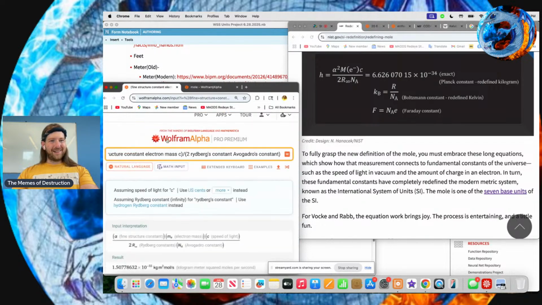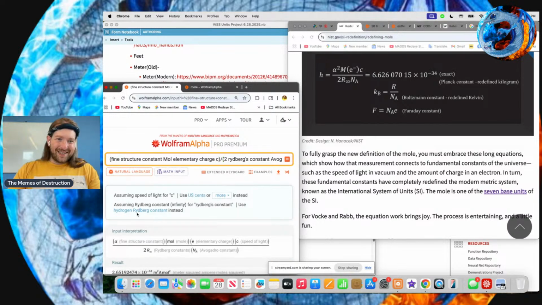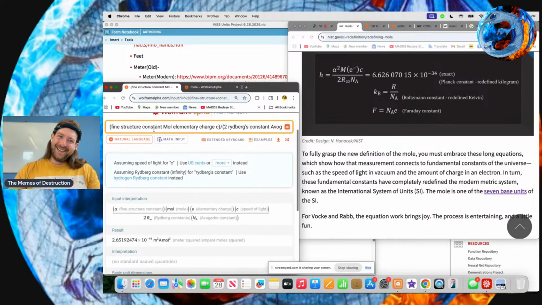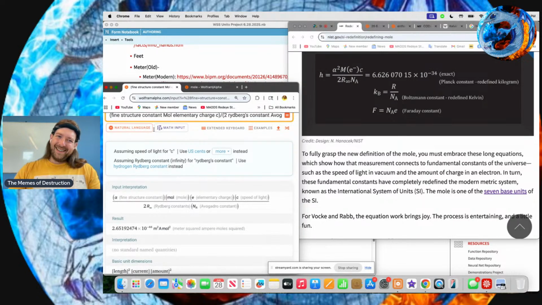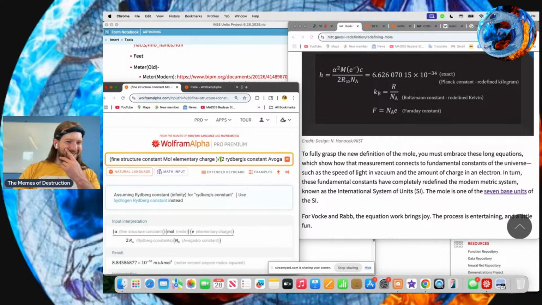Oh, because those are really big numbers. Okay, so let's do this. Mole. Elementary charge. Okay, we're at least getting a little closer. Maybe that c was supposed to be for charge. Nope.